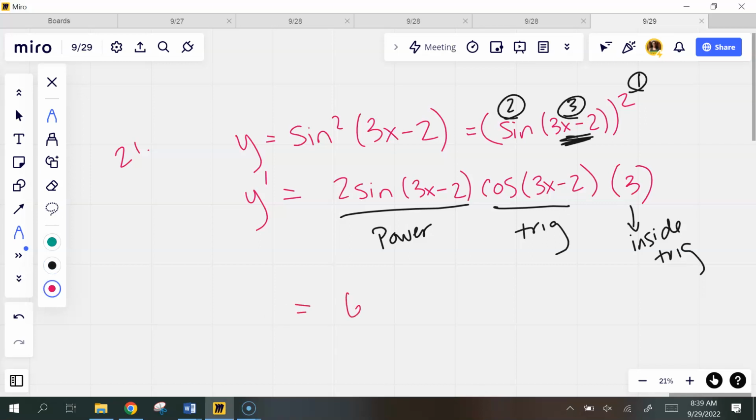I could make this 6 sine 3x. There's not much else there. What do you mean? You could or you couldn't? What do you mean beside each other?